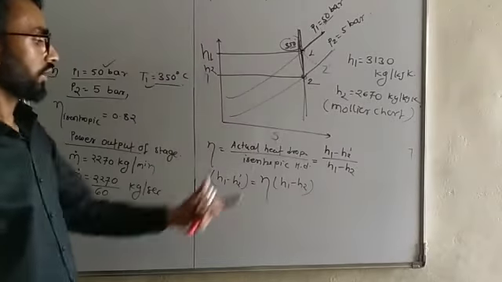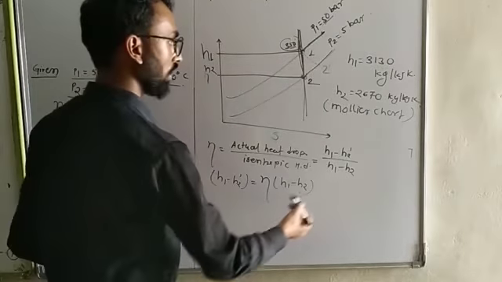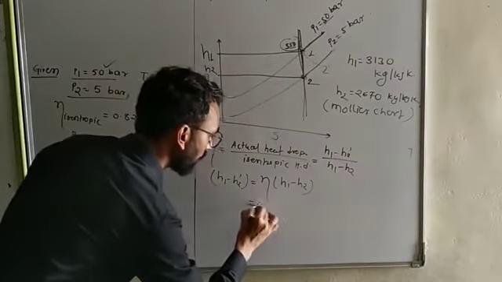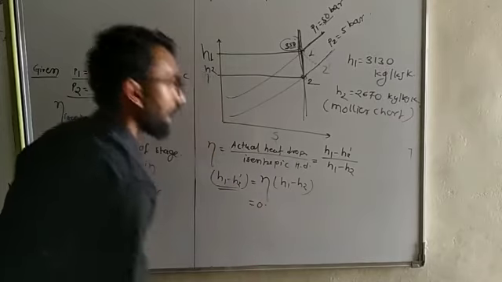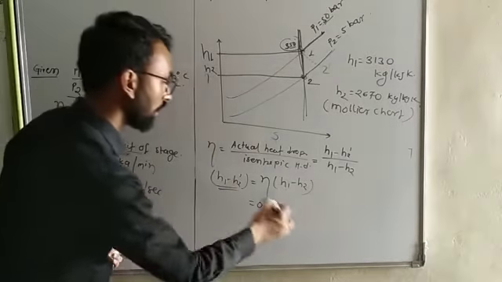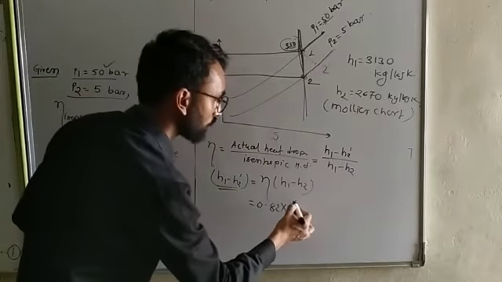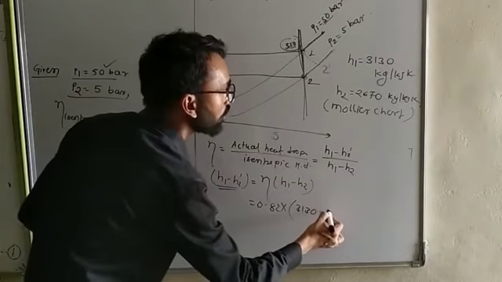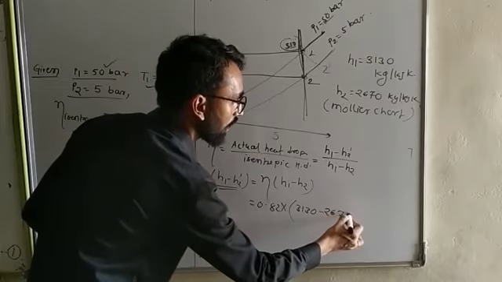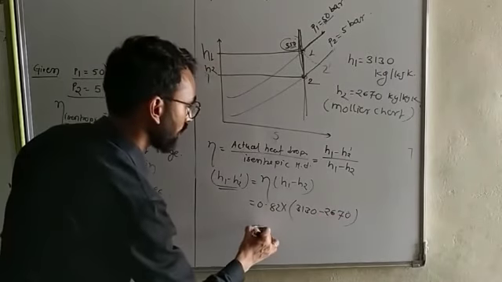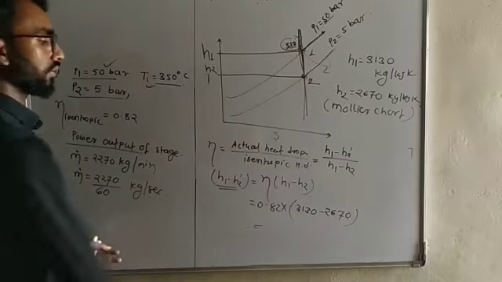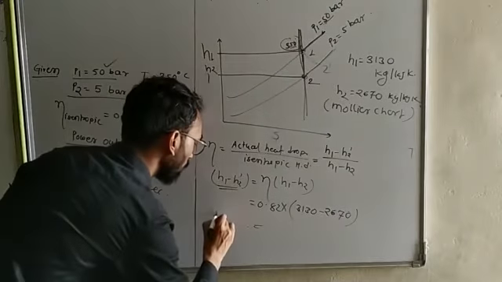Now you can calculate. Put this value in these equations and you can find H1 minus H2 dot. Now 0.82 into H1, this is 3130 minus 2670. Now put this value in the equation for the power output.